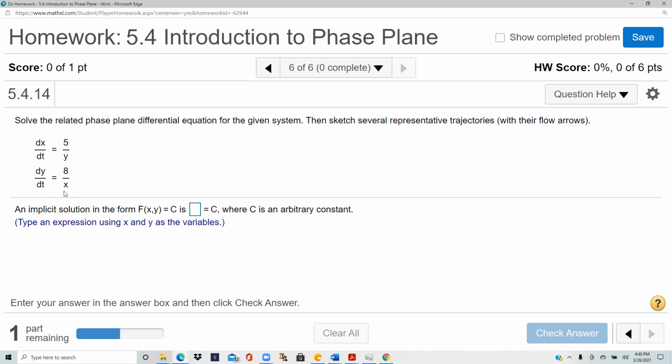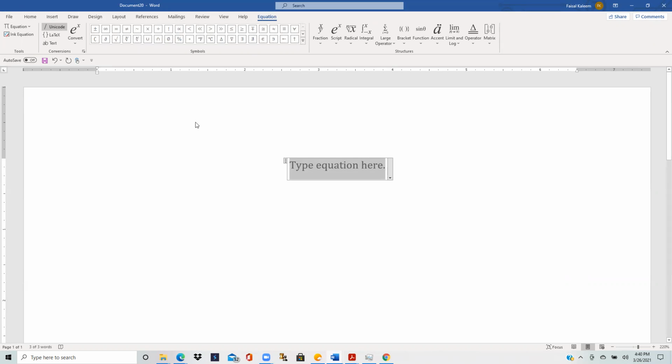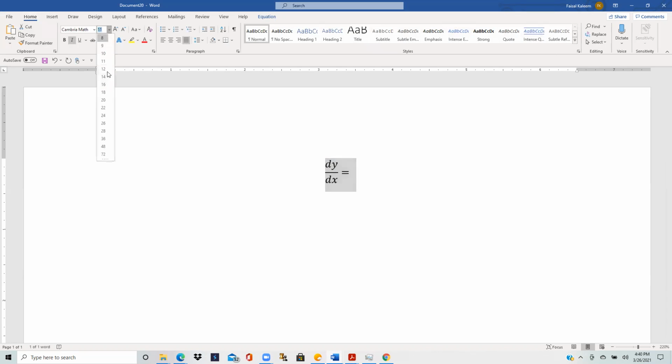So dy over dx is equal to 8 over x divided by 5 over y.